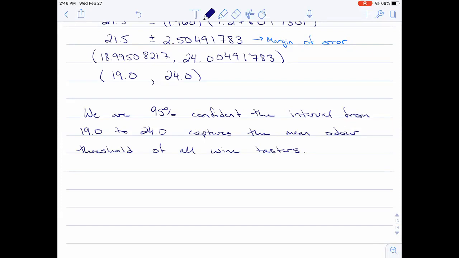So in general, I think people like confidence intervals better than hypothesis testing, but there's a but. We can do hypothesis testing using confidence intervals. Okay? The reason for that is because we already looked at the relationship between the alpha level and a confidence interval. And so by the same logic, if we're 95% confident that the population mean for wine tasters is between 19 and 24, both of those are below the hypothesized mean of 25, right?